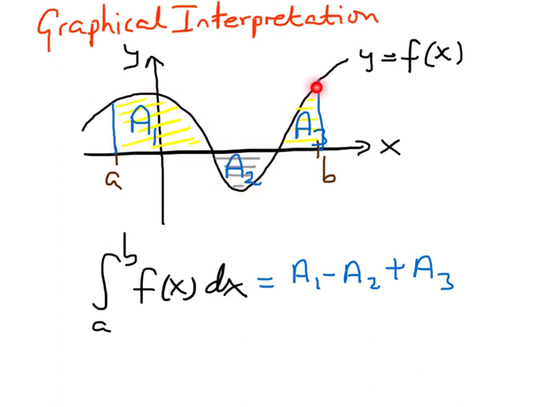All the areas above the x-axis give a positive contribution to the integral, and any area below the x-axis gives a negative contribution to the integral. All areas are of course positive, but this area here, because it's below the x-axis, gives a negative contribution to the integral. So that's the general graphical interpretation of what a definite integral means.